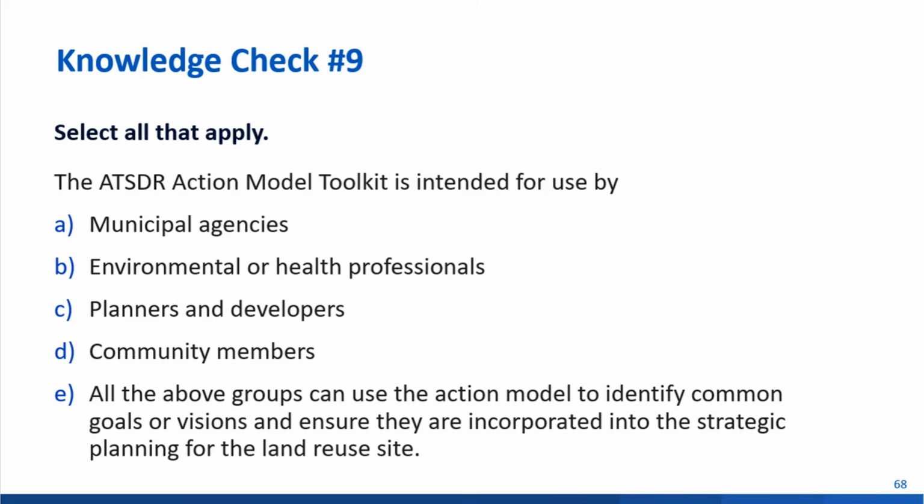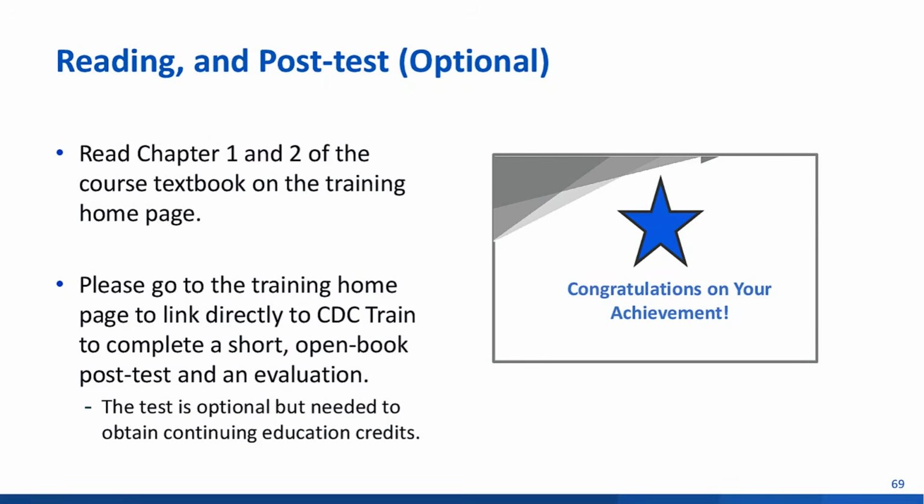The post test is optional, but required for continuing education units. The direct link to take the post-test on CDC Train is on our training homepage. The suggested reading assignment for this training is Chapter 1 and 2 of the course textbook. You may also like Chapter 3 and its overview of community engagement tools. The book is posted with the course modules.